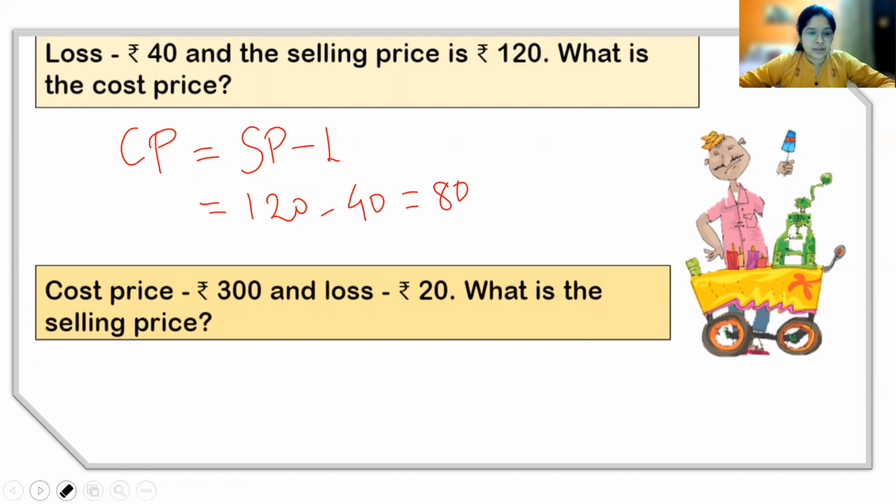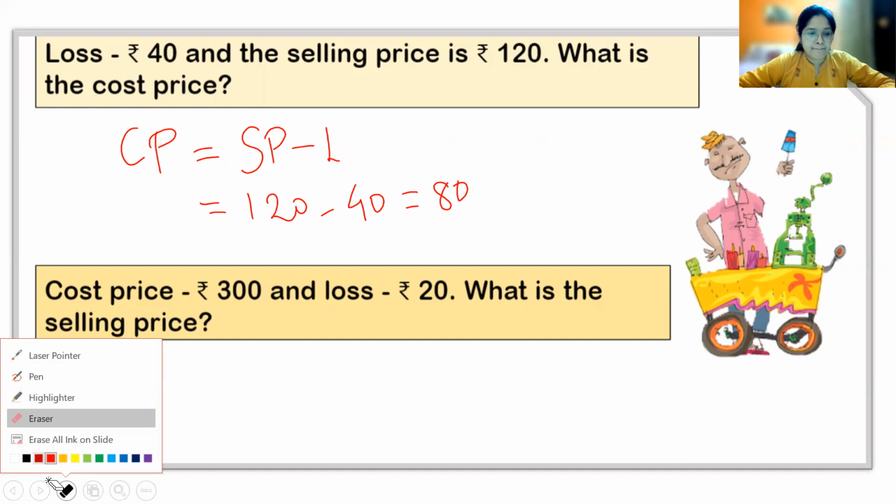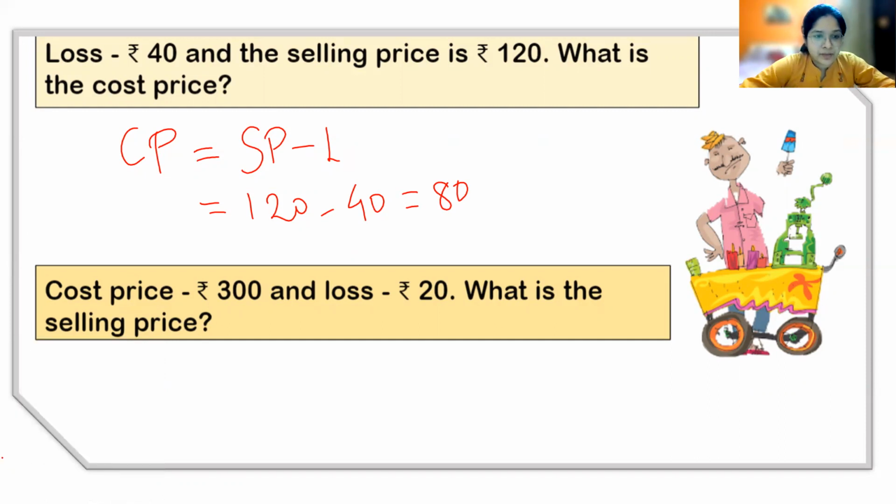Or I think I can do it. I'll just write the formula. So my selling price is equal to my cost price plus the loss.